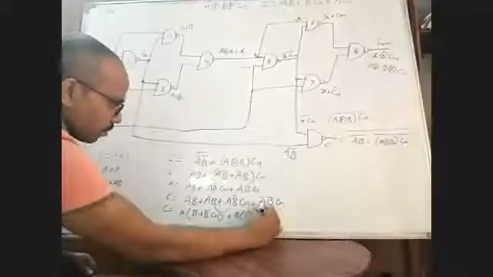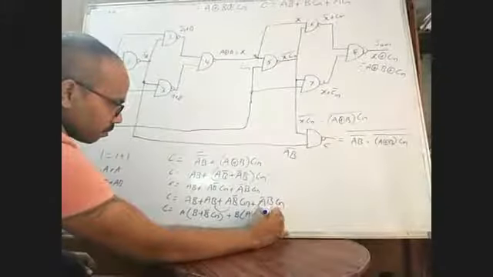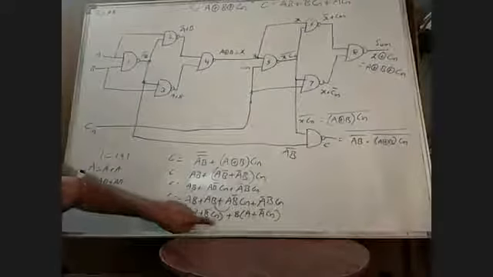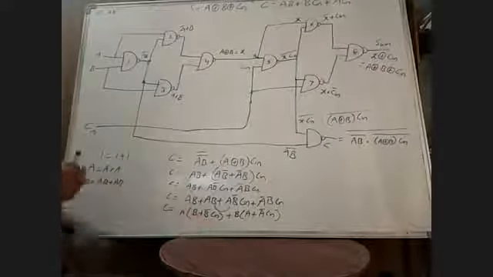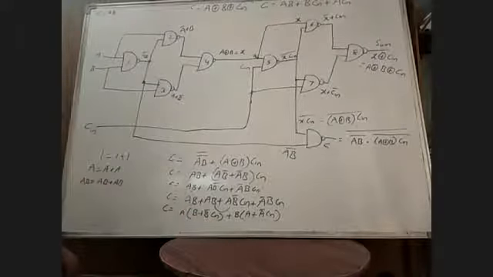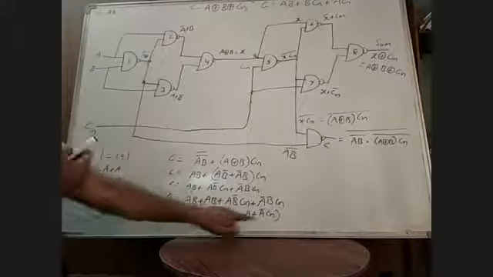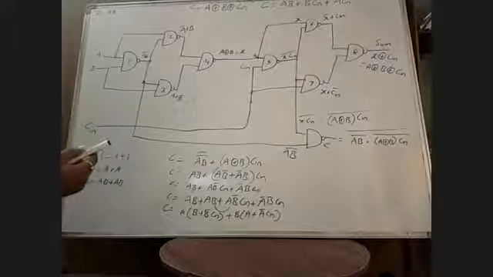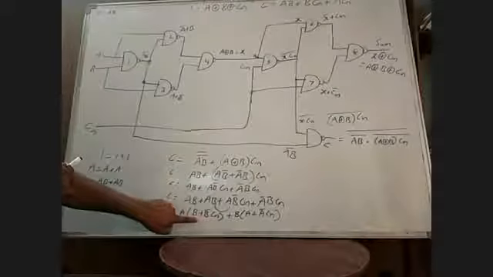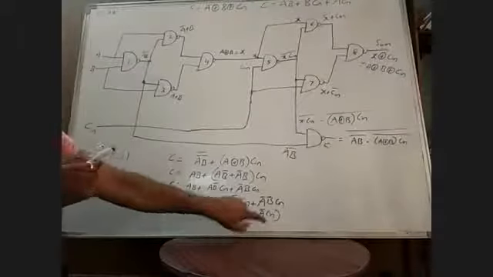Taking B as common, A plus A bar C in. By using the simplification law, B plus B bar C in can be written as B plus C in, and A plus A bar C in as A plus C in.